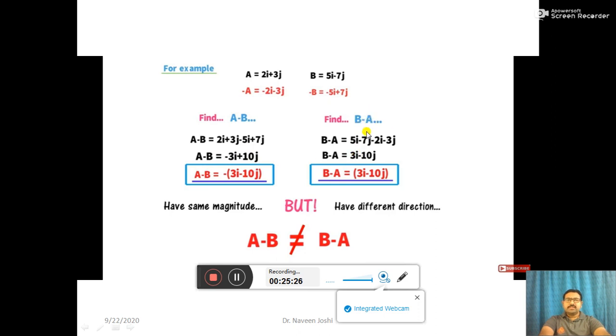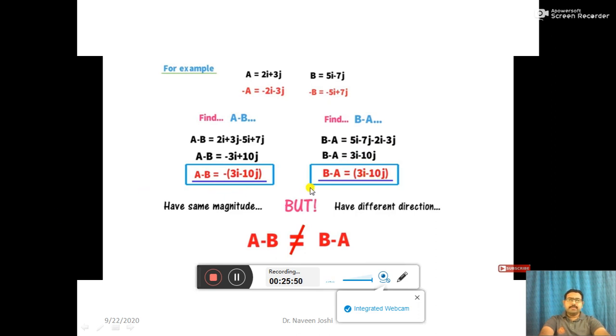Let's take B minus A. Vector B is 5i minus 7j, minus vector A, which is 2i plus 3j. So the i component is 5i minus 2i gives 3i, and minus 7j minus 3j gives minus 10j. Therefore, B minus A is 3i minus 10j.